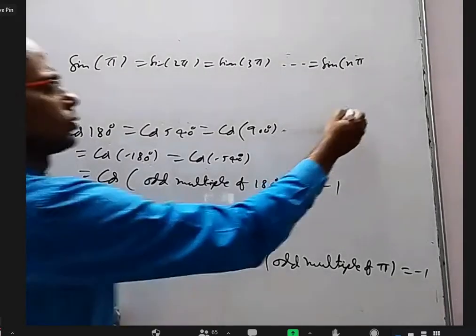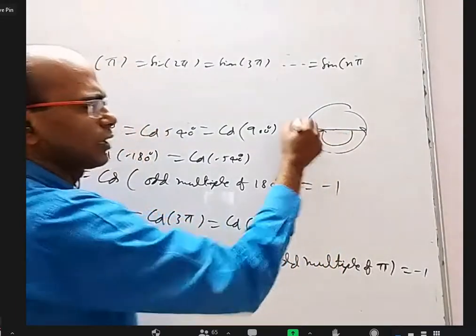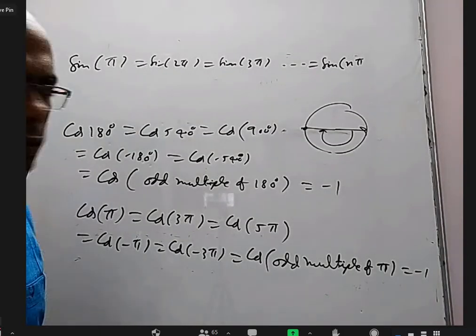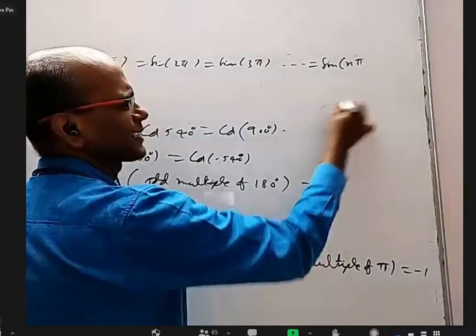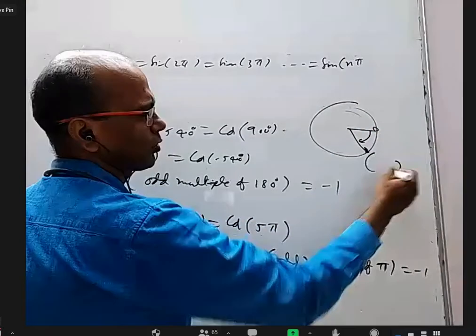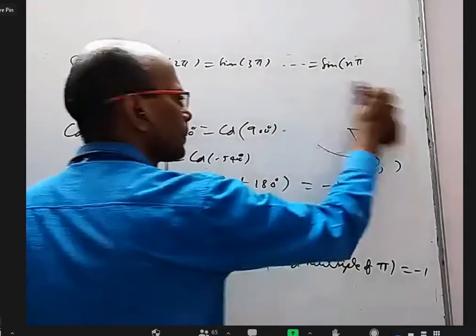You take the initial ray, turn 180 degrees clockwise. Where you reach, that x coordinate is cos minus 180. Okay, sir, means reverse direction. Yeah, let's say you want cos minus 60. Start here, turn minus 60 degrees in clockwise. Wherever you reach, the x coordinate of that point is cos minus 60. Positive angle means you are turning anti-clockwise. Negative angle means you are turning clockwise. Okay, sir.